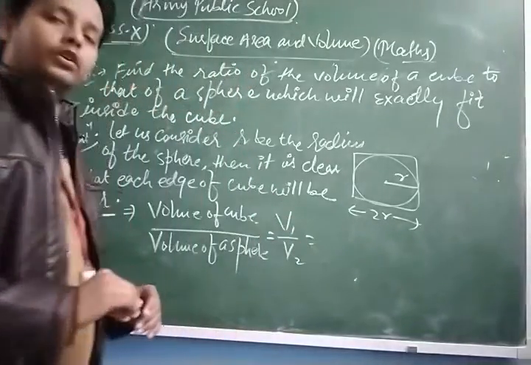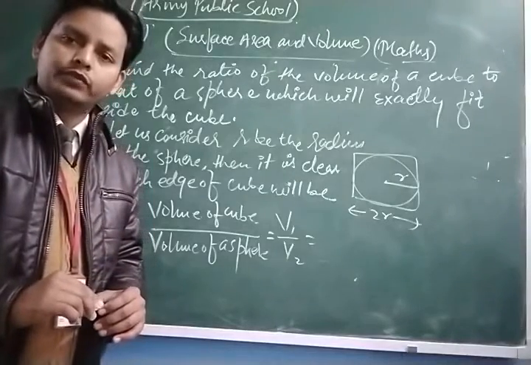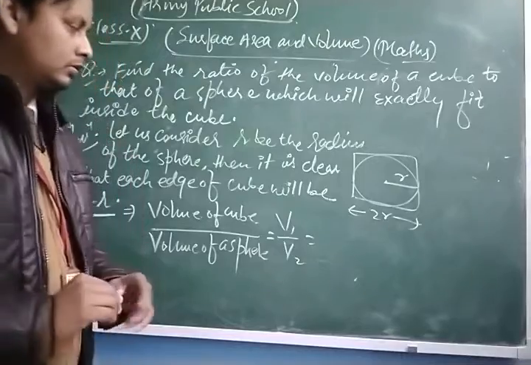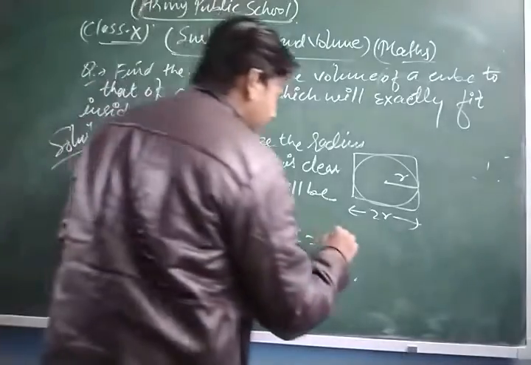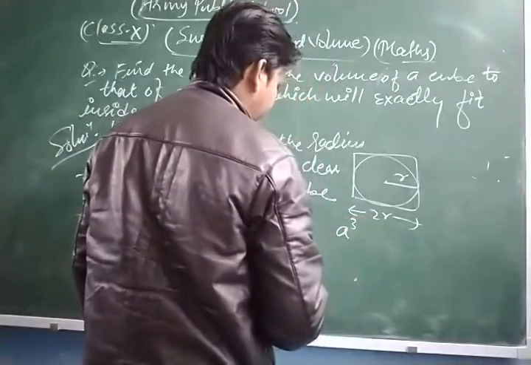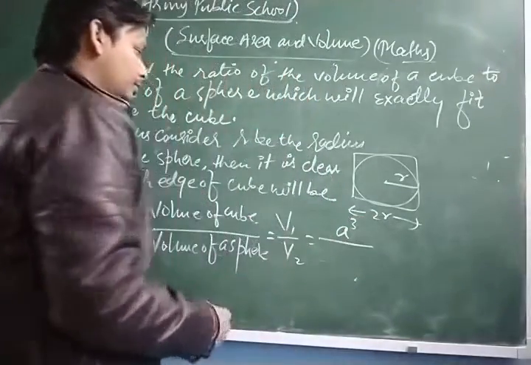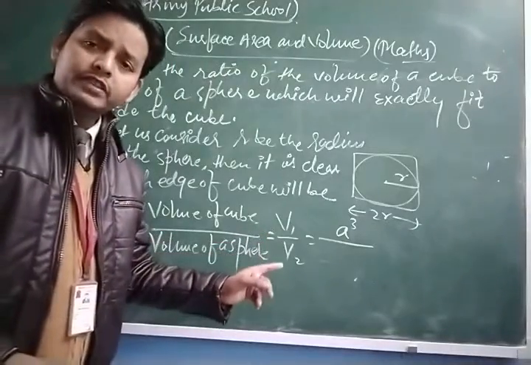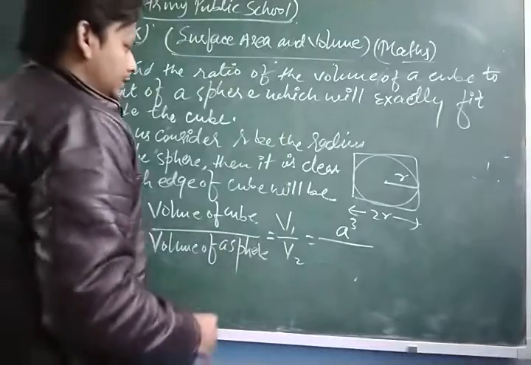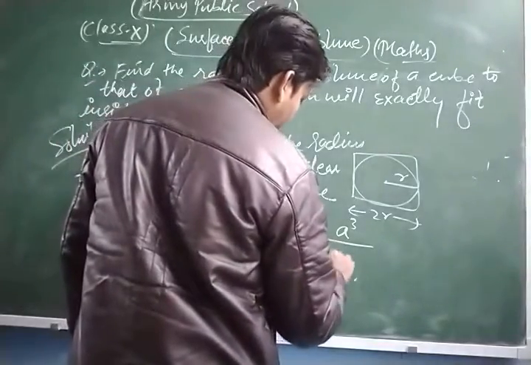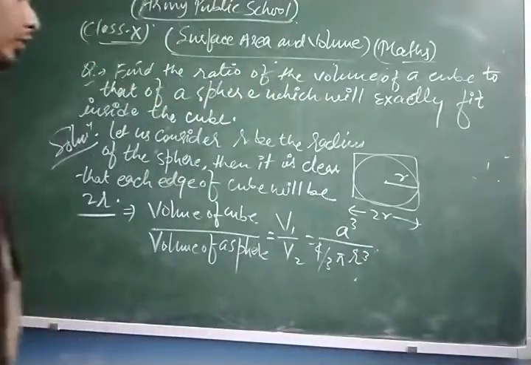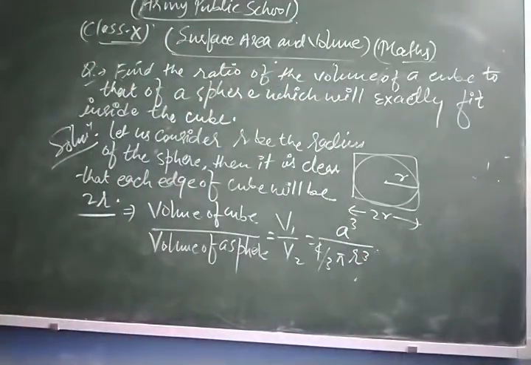Now look, what is the formula for volume of cube? We know that the volume of cube is side cube. So let A be the side of cube, that is side cube upon the volume of a sphere, which is 4 by 3 pi r cube. So here we write 4 by 3 pi r cube.